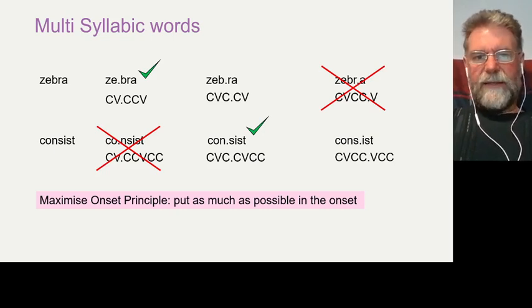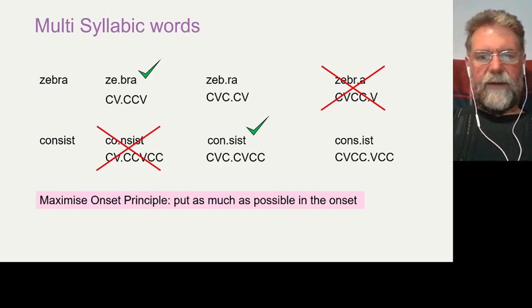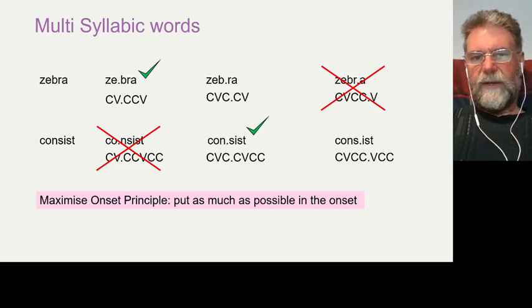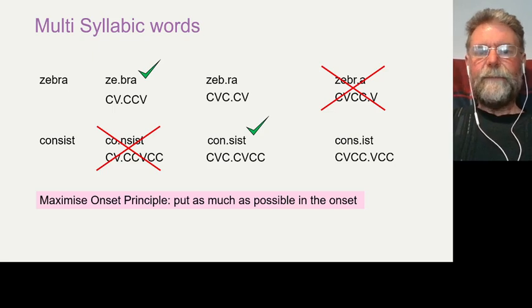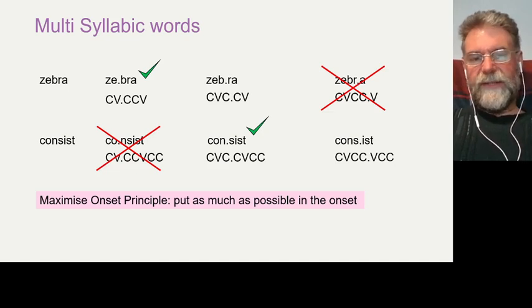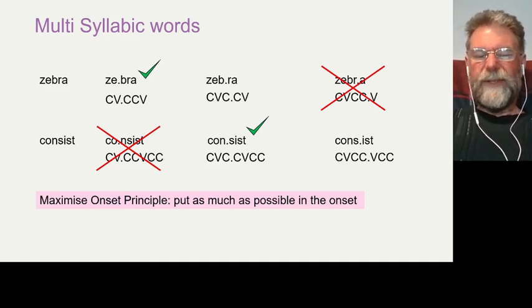Consist, on the other hand, is different, because you can't put the n and s in the onset of the following syllable, because ns isn't a possible onset. That's already discounted. But you're not going to put both consonants into the coda and leave the onset empty. You want to maximize the onset, so you put the maximum number, which in this case is just the one, into the onset, and you'll get con-sist.